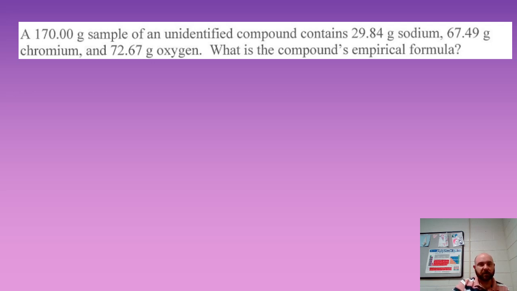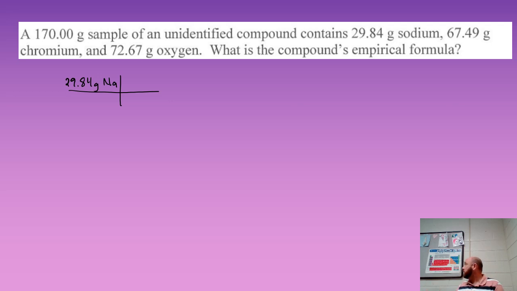So with this data, the first thing we can figure out is how many moles of each of these substances we have. So I'm going to do some mole conversions first. I would take the 29.84 grams of sodium, and I am going to set up a conversion using sodium's atomic mass that I retrieved from the periodic table.